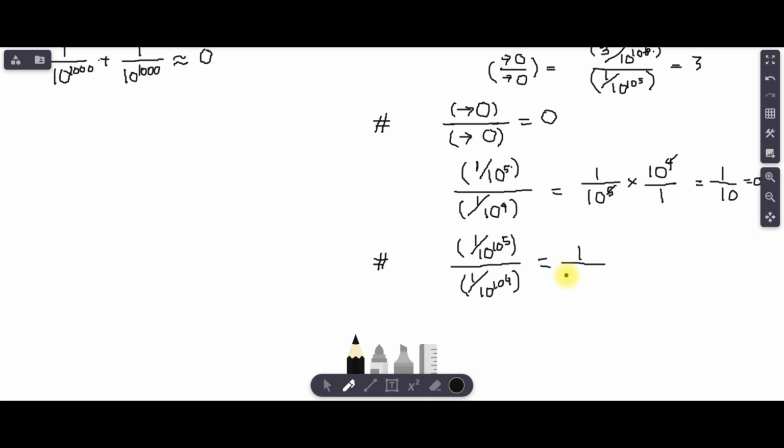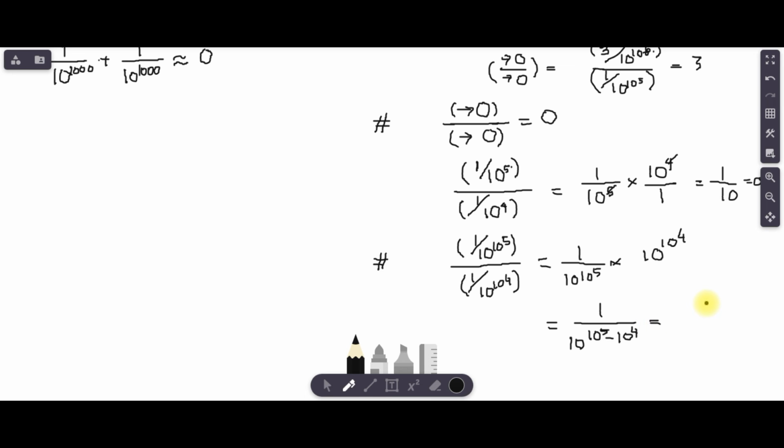I repeat, by calculation, if I take 1 by 10 to the power 5, 10 to the power 10 to the power 5, and this goes to the numerator, so it is 10 to the power 10 to the power 4. Further, if I calculate it, the base remains the same, so the powers get subtracted.